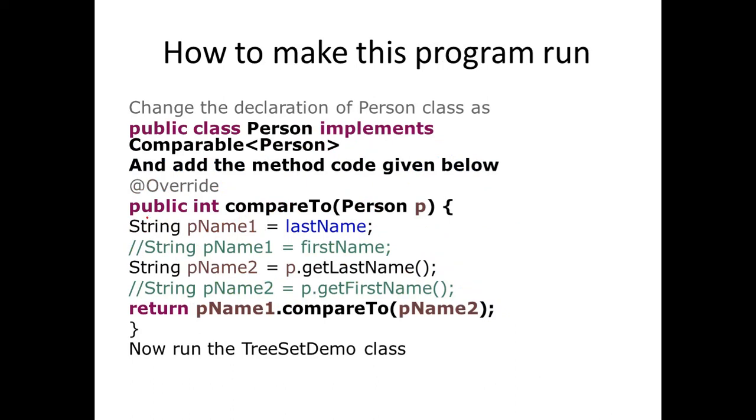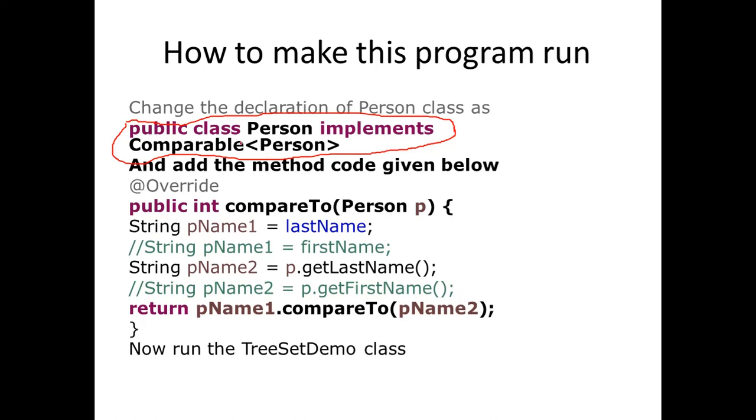The change which you are going to do is you are going to change the declaration of the Person class as public class Person implements Comparable in brackets Person. Remember, Comparable is an interface which is a generic interface.